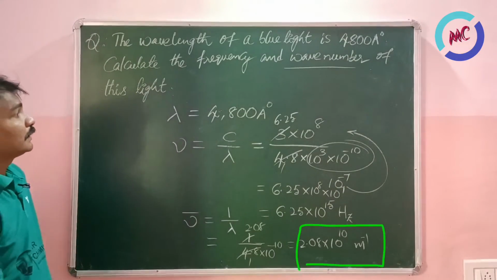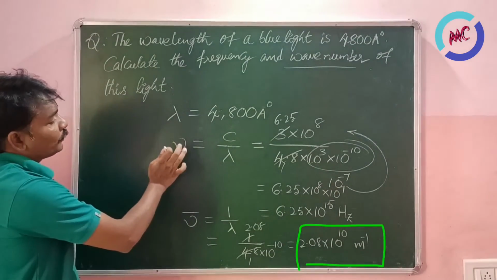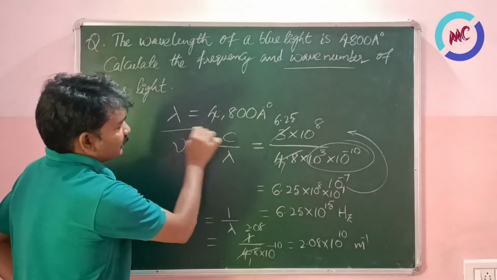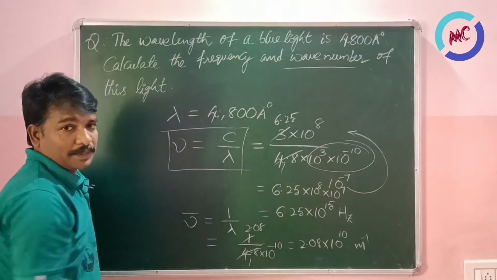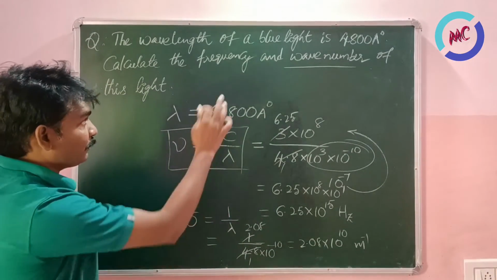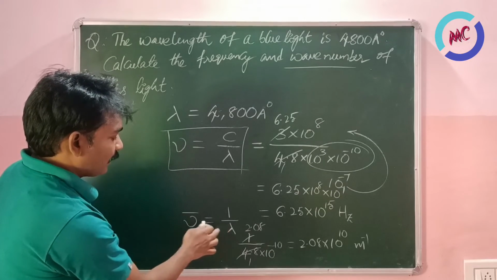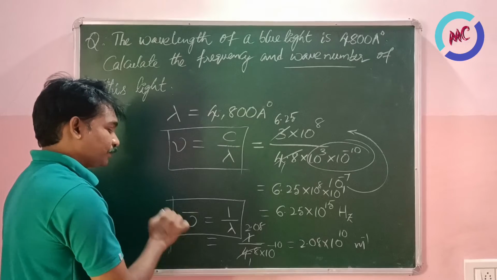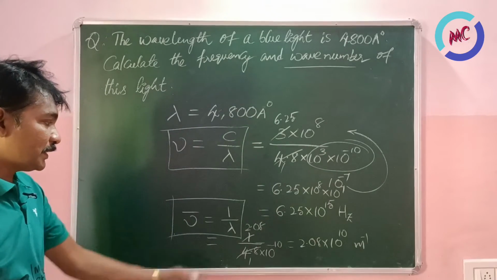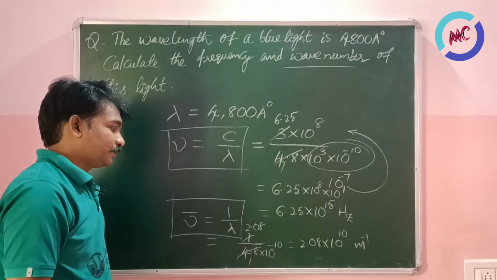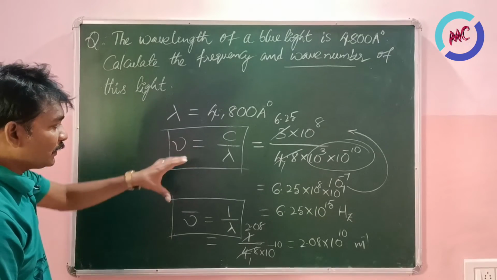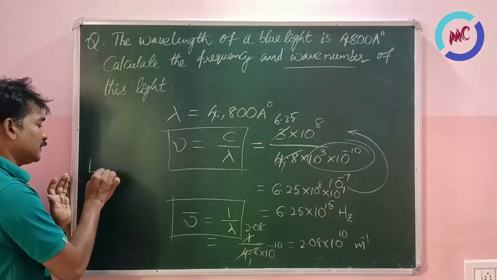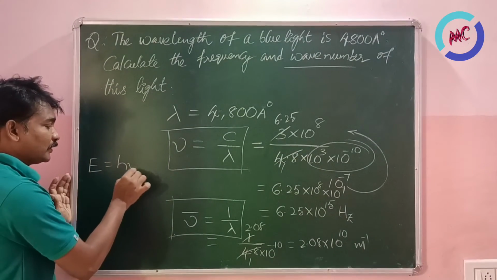Once you check this one, the relation between frequency and wavelength is frequency is equal to c by lambda, and the relation between wave number and wavelength is reciprocal. Wave number is equal to reciprocal of wavelength, that is 1 by lambda. And there is a relationship between all these things and energy, that is E is equal to h nu.